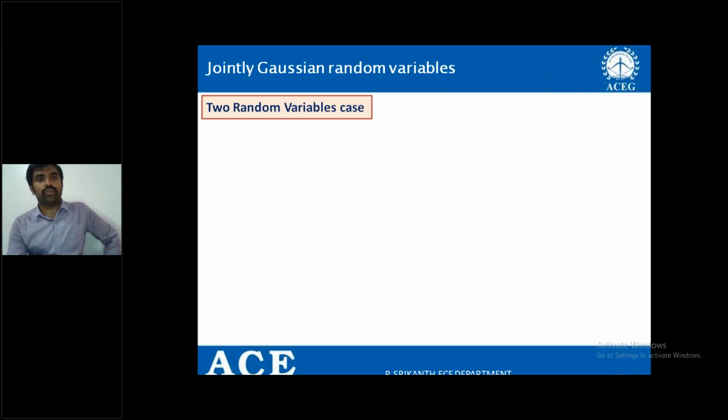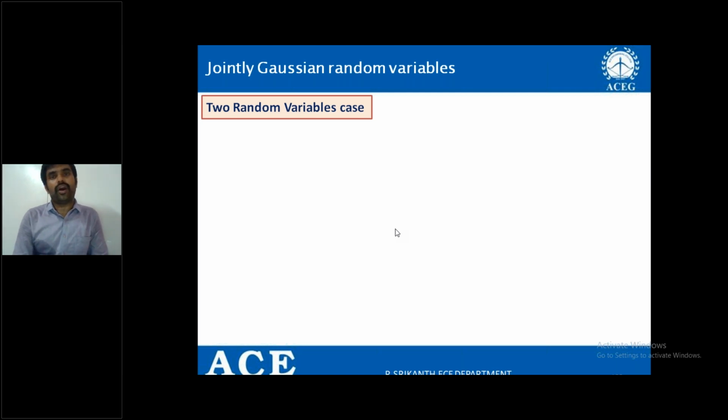First let us consider two random variables, and then we extend the same to the n random variable case. We have seen how to define the Gaussian random variable: it is said to be Gaussian if the density function is of a particular form. That is what we discussed in the very first chapter.